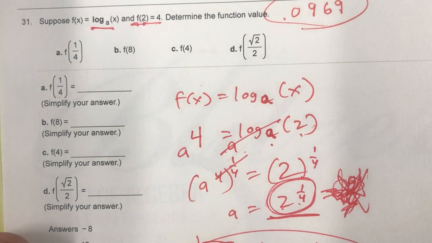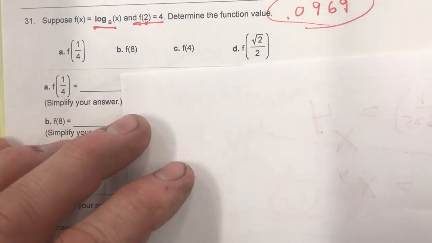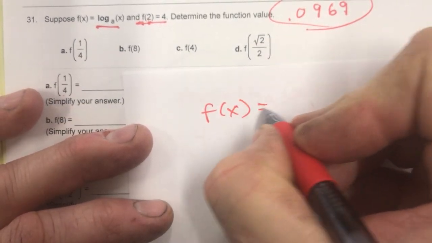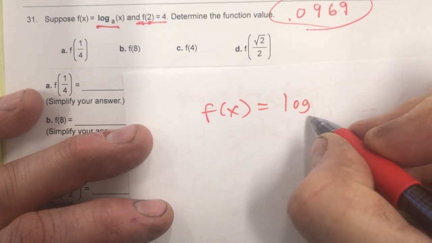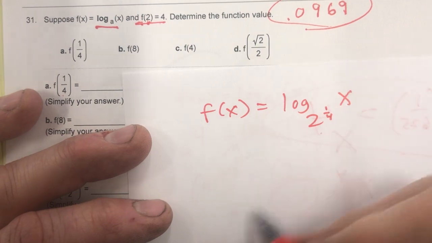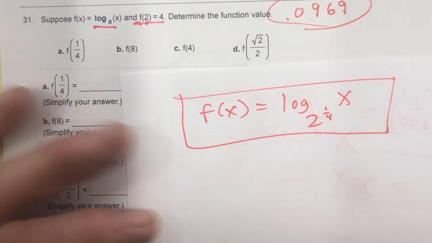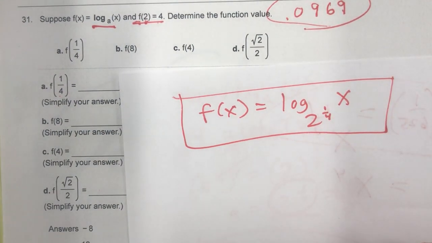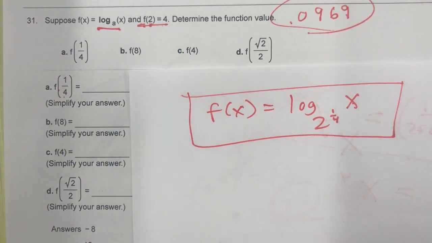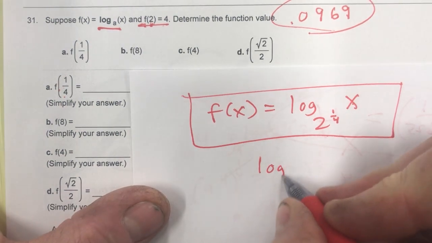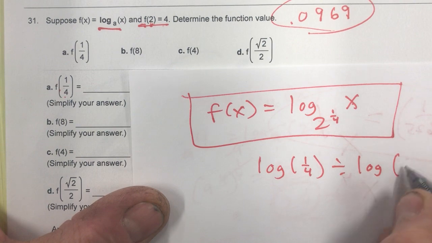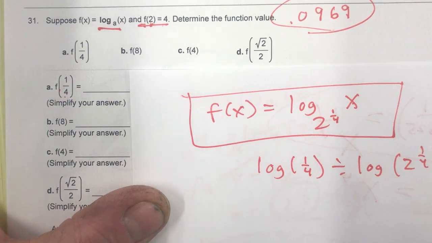All right, so that means my function is actually this then. Function of x equals log base 2 to the 1/4 power of x. This is my function right here. Okay? And so now when I do function of 1/4, I'm going to put 1/4 for x right here, which means I'm going to type in log of 1/4 divided by log of 2 to the 1/4.